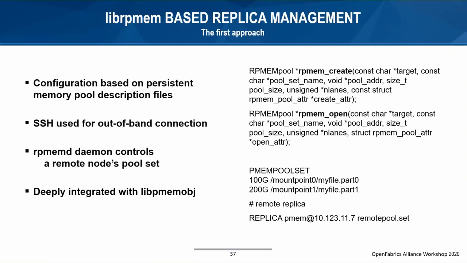And in this case, we use SSH for out-of-band connection. So this solution is similar to one used in other PMDK libraries. This is common for librpmem and librpma. So please, next slide, please.